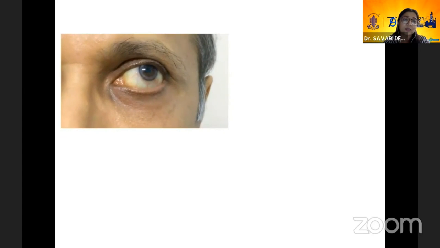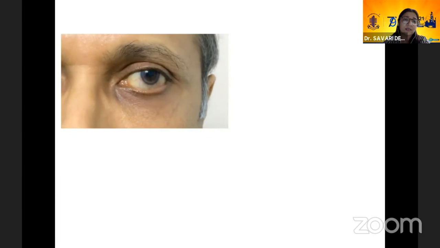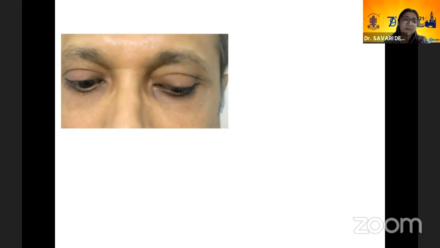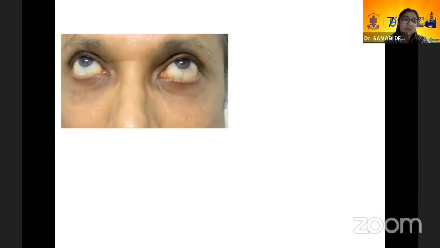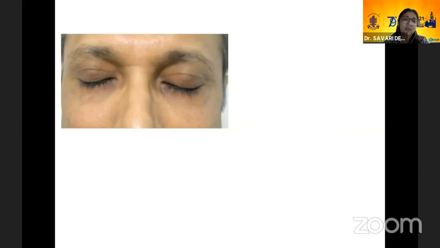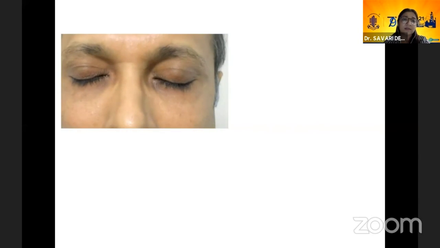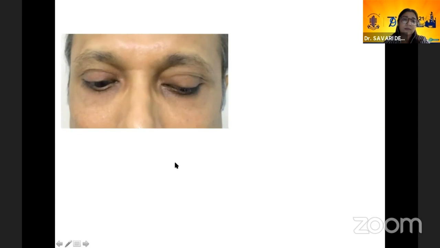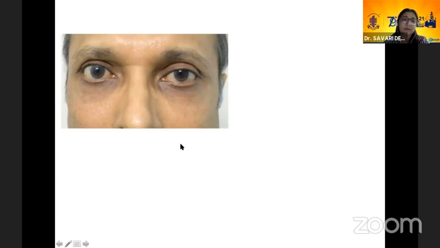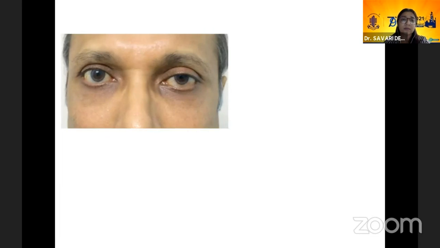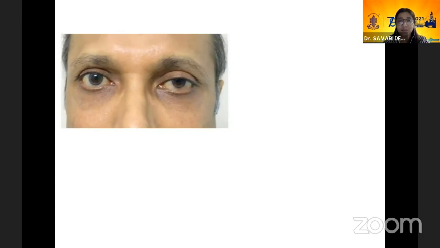But if you see, on exertion, eventually the eyelid starts coming down. So always be careful before you plan a surgery.